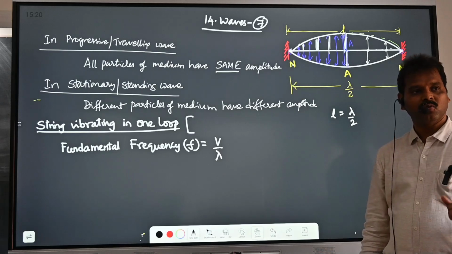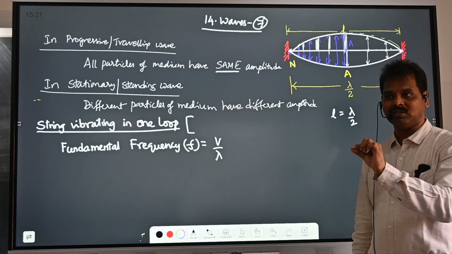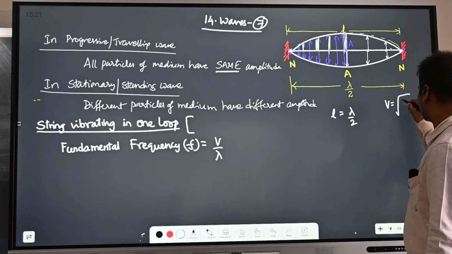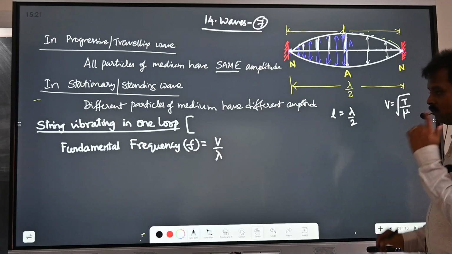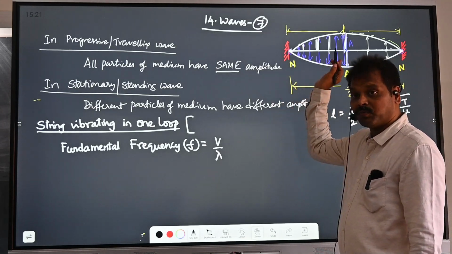Around 2 days back, we derived the expression for the speed of a transverse wave on a string. What is the formula? V is equal to root T by mu. So in place of V, can you write that formula?